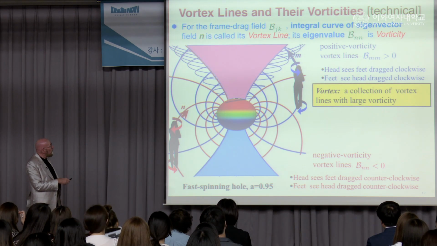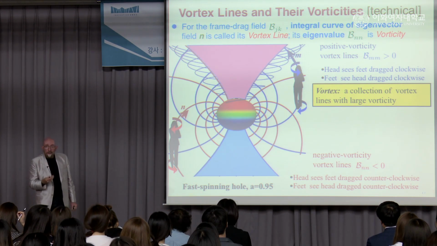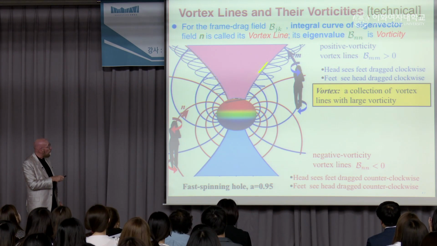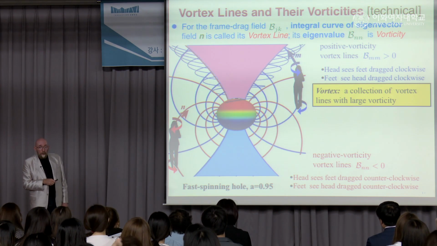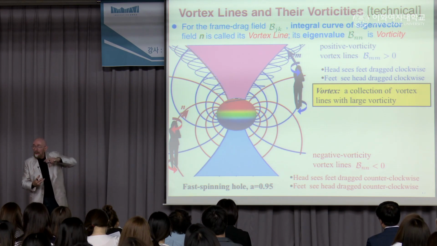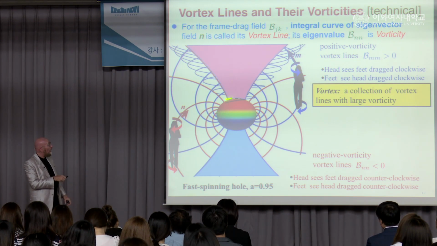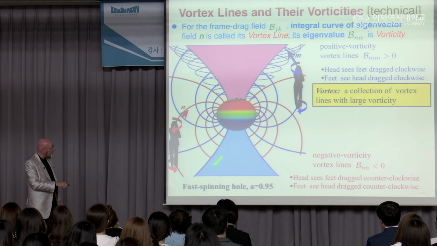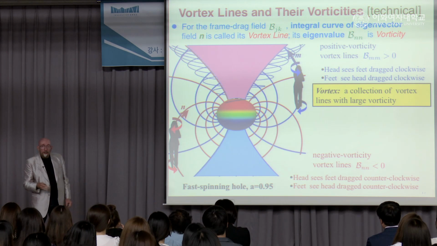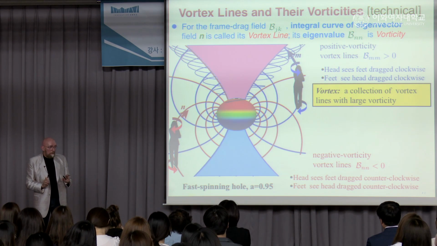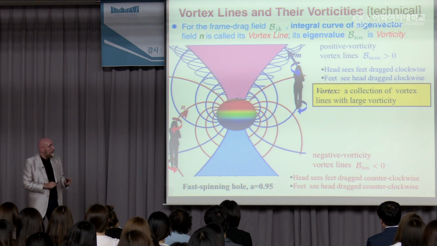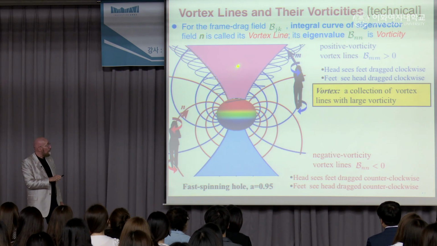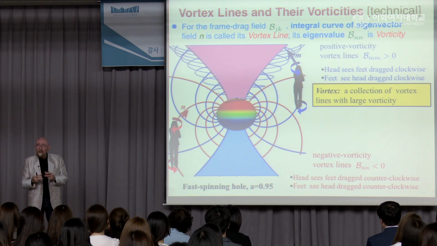A region where you have very high vorticity, we call a vortex. And so sticking out of the north pole of the black hole, there is a vortex that is counterclockwise, a large counterclockwise twist all the way along here in that direction. Sticking out of the south pole is a clockwise vortex. So that then is the underpinning for what I'm going to tell you, and I'm going to be talking about these two vortexes or vortices, a counterclockwise one and a clockwise one, which stick out of a black hole.